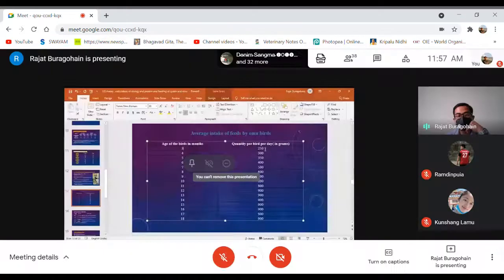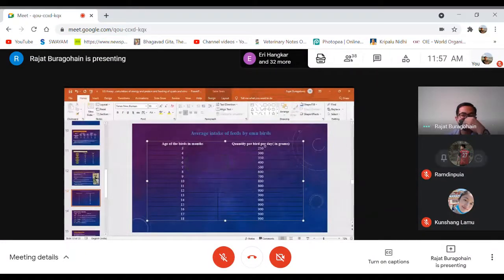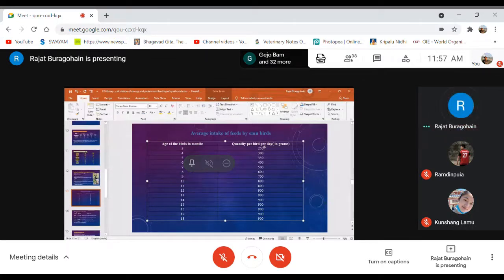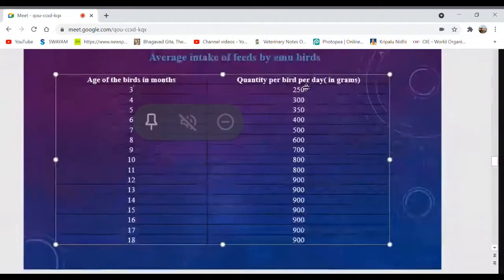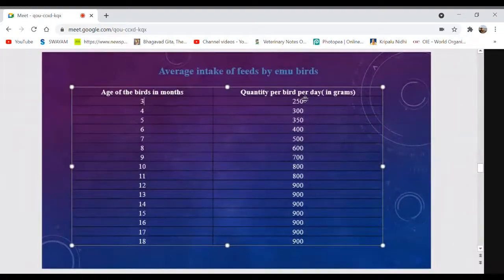In case of commercial layer, generally they are provided 100 to 110 gram per day, with nutrition maintained very properly.